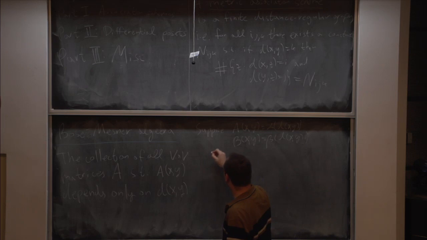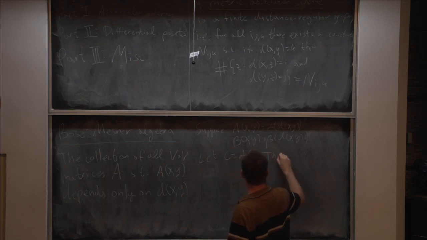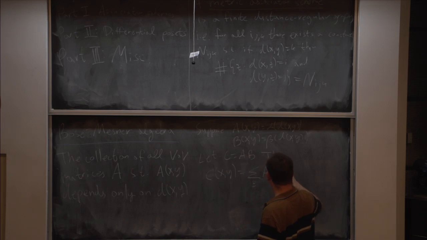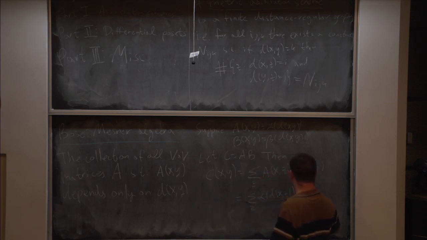And now let C be A times B. Then what is C at the point xy? This is the sum over all z of A(x,z) B(z,y), which is the sum over all z of alpha of the distance between x and z, times beta of the distance between z and y.